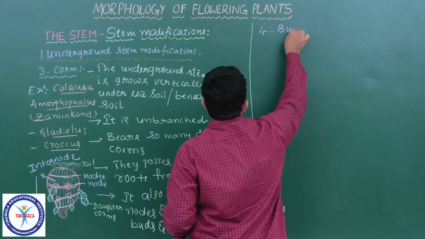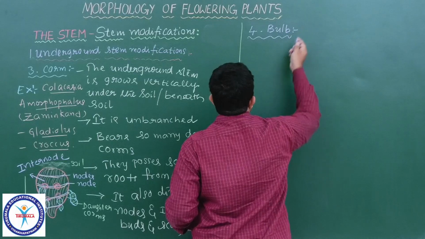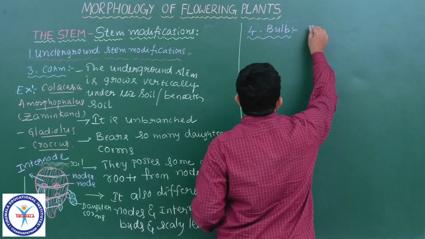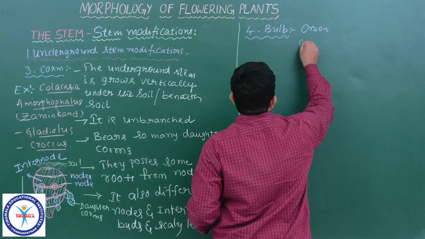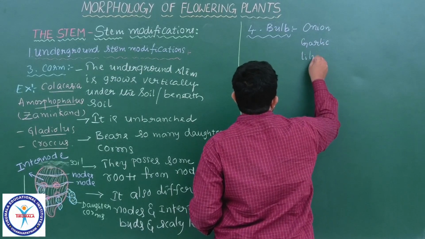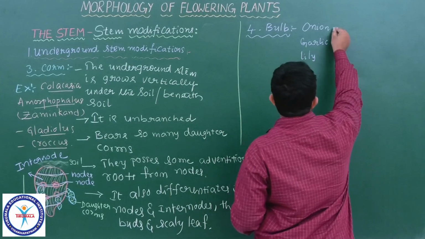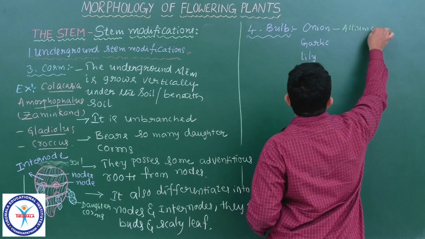bulb. So bulb is another underground modification which we see in different plants like onion, garlic, and lily plants. Onion, scientific name Allium cepa.